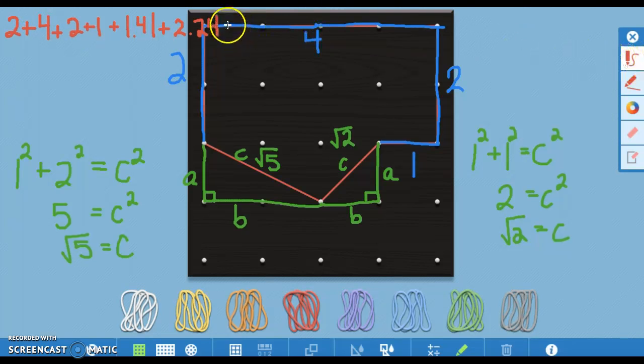That means that this total perimeter is 12 65/100ths.